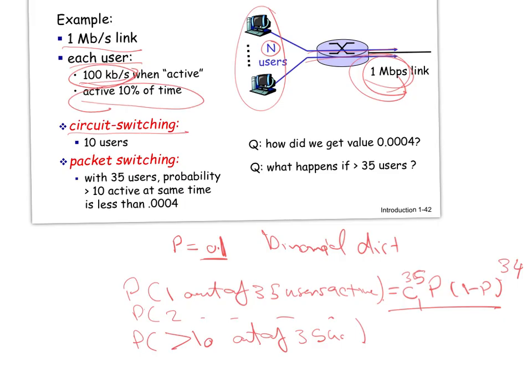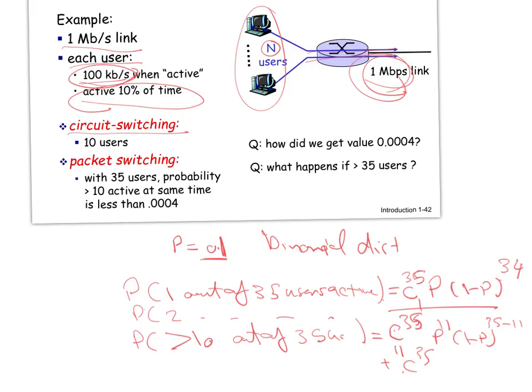All of them are active, which means P to the power 35. So this is 35 C 11, P to the power 11, 1 minus P to the power 35 minus 11, plus 35 C 12, P to the power 12, and so on.